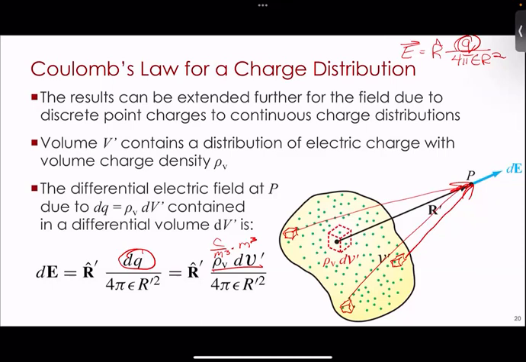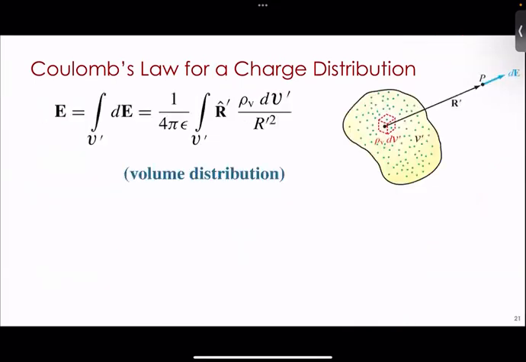But the important thing here is to switch it, because ultimately we want to integrate it over the entire volume. If we want to integrate it over the entire volume, we need a dV explicitly in the equation. We can't do it in terms of dQ directly. Once we have it in terms of dV, now we can take the integral of both sides. Okay. And this is what we're left with.